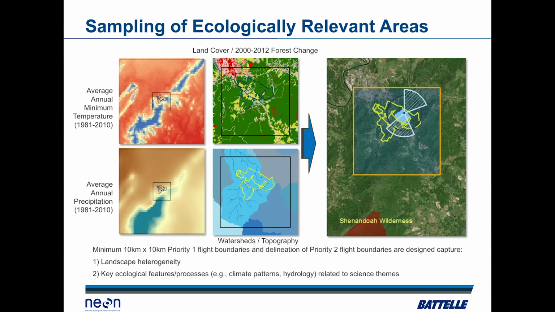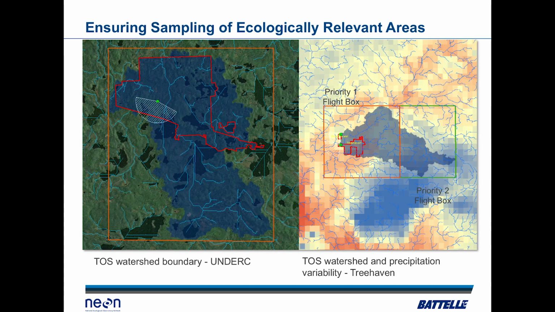And so when we were coming up with our flight boxes, we also looked at maps of temperature, land cover change, precipitation, and the watershed boundaries. It's another example of looking at the watersheds. I wanted to highlight this one on the right.